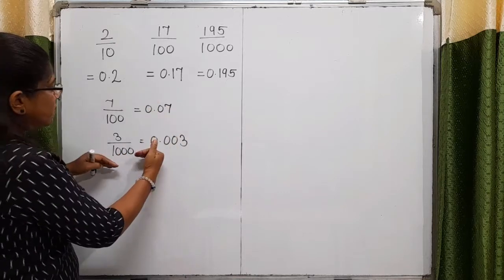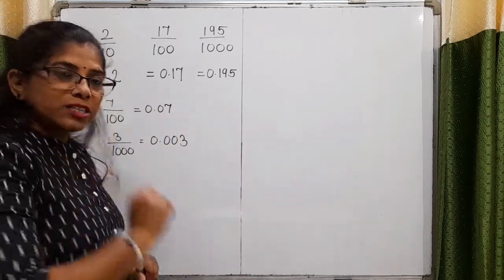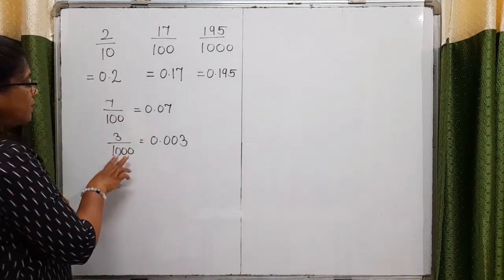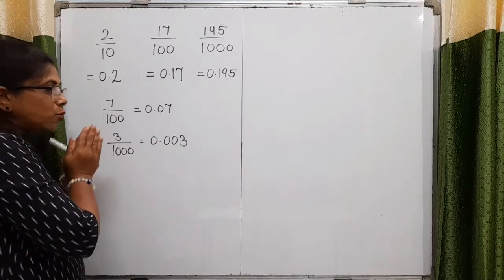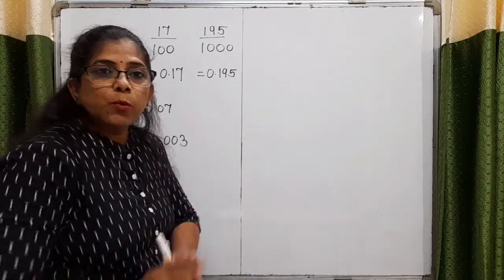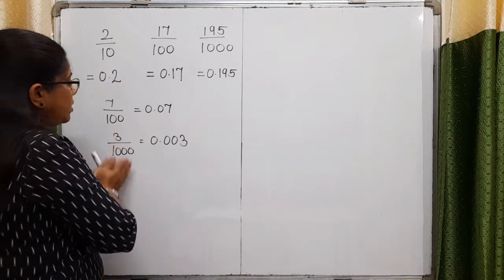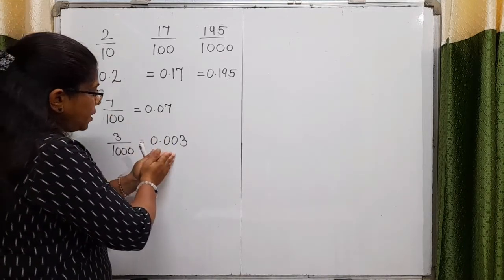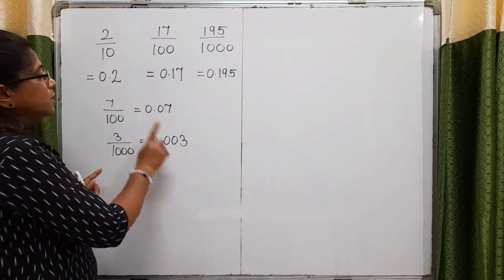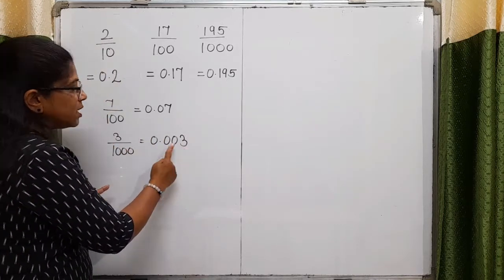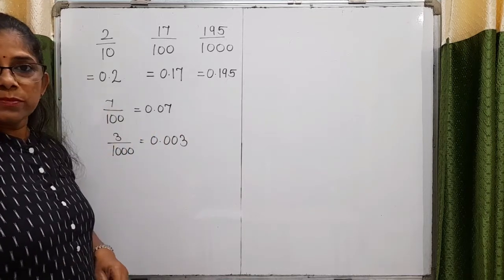Even in this case, 3 upon 1000, we have only one digit in the numerator and in the denominator we have 1000, that is 3 zeros. So we have to make 3 digits after the decimal point. If we don't have sufficient digits, we have to make them by adding zeros. Here 3 digits are expected, and we have only one digit. Add 2 zeros and then put the decimal point.